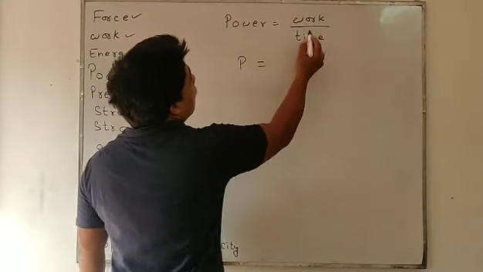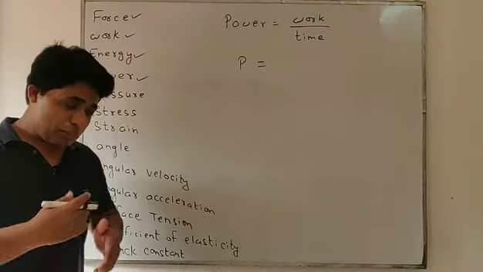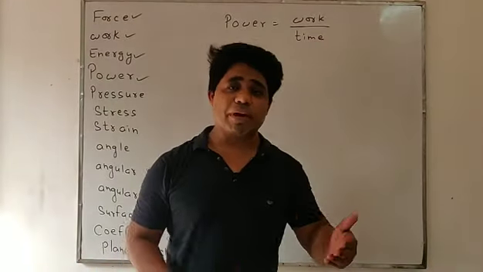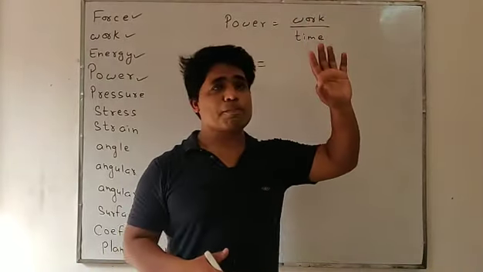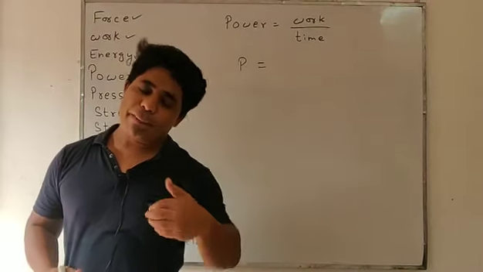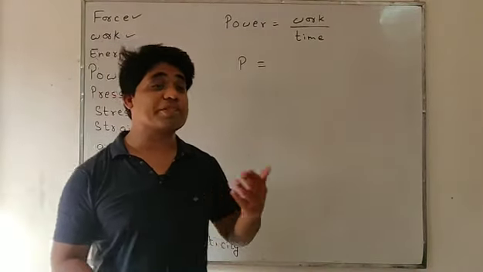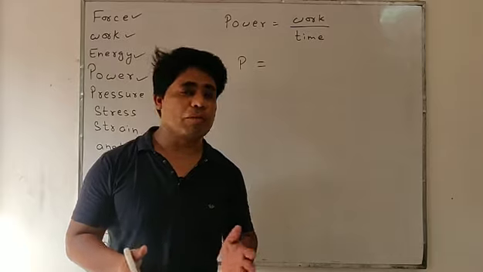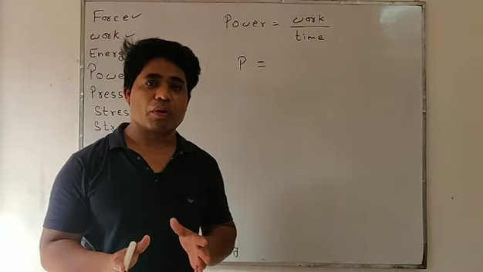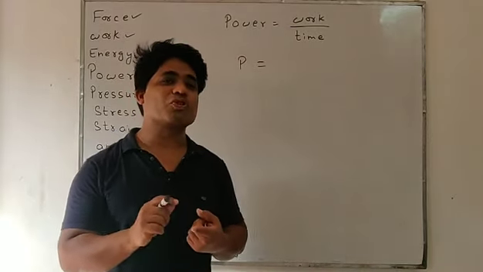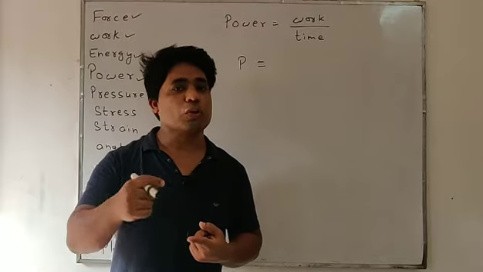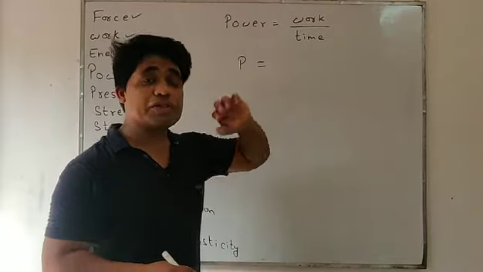Work done. If you don't know, you can open the formulas one by one. Like work, we can write as force into displacement, and then further force is replaced by mass into acceleration. But that will be too long a process. Always learn the dimension of force and work done, because it will be used again and again. We just did it.